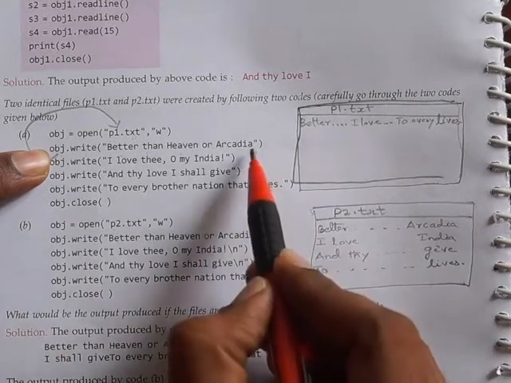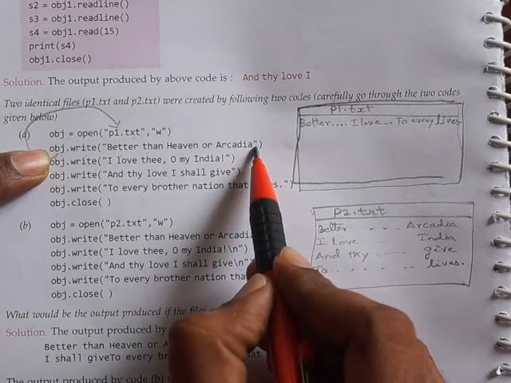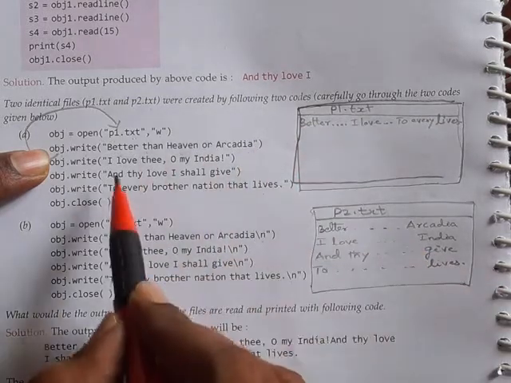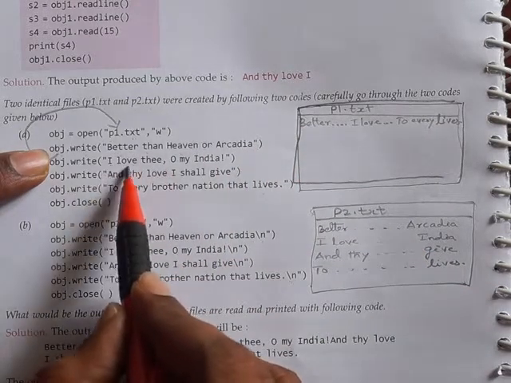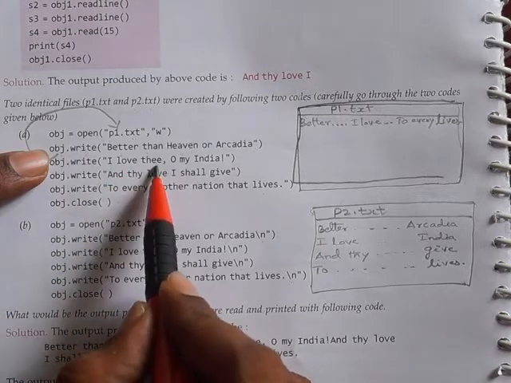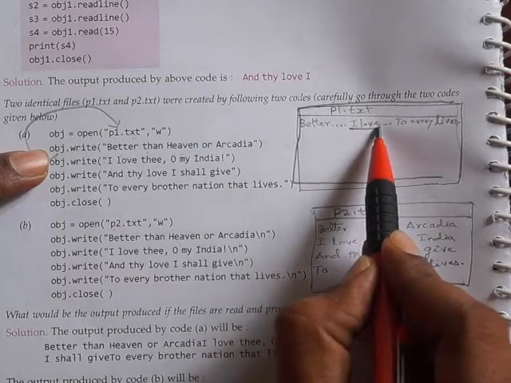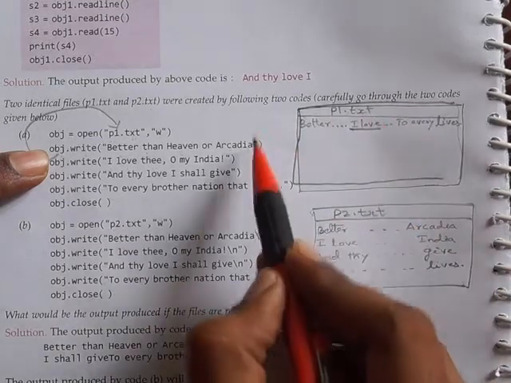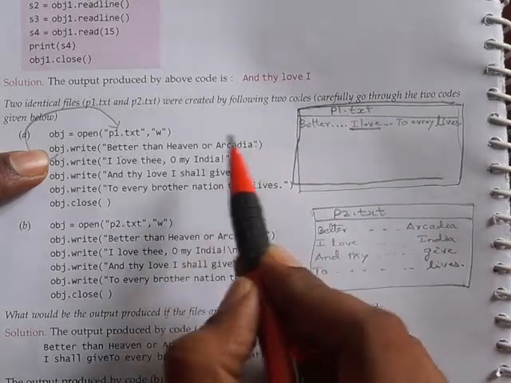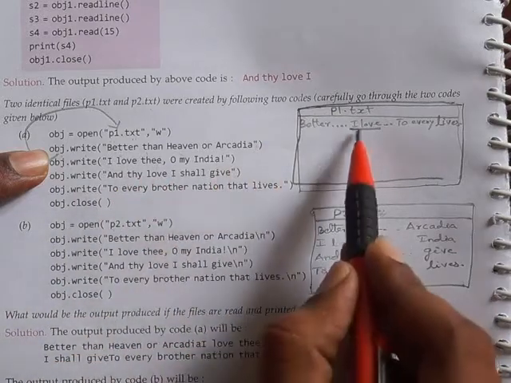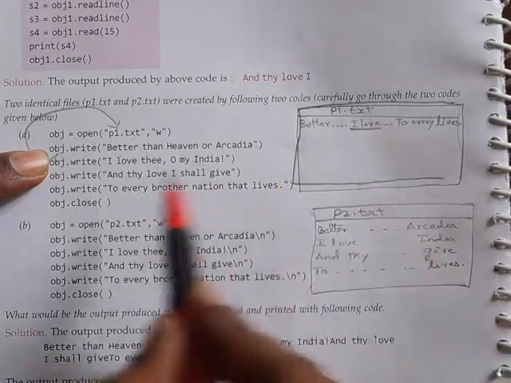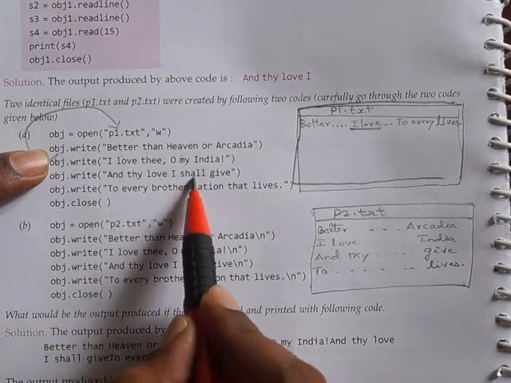Then here there is no \n. So the next line, I love thee, will be written in the same line. Since here \n was not given, this line will be written in the same line. Then, and thy love I shall give.